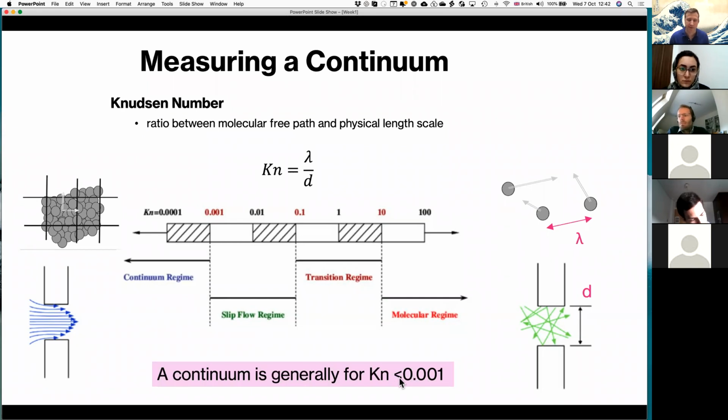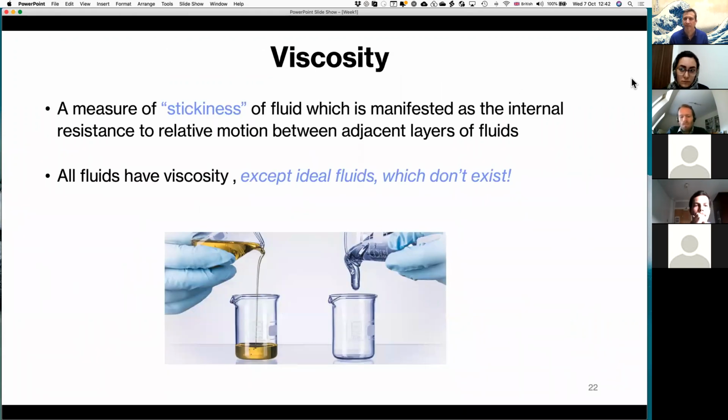You can see that by the statement that almost all flows of practical interest are below a Knudsen number of 0.001. So it's really a ratio of 1 to 1,000, the mean free path to the practical length scale. So Knudsen number is a key concept.